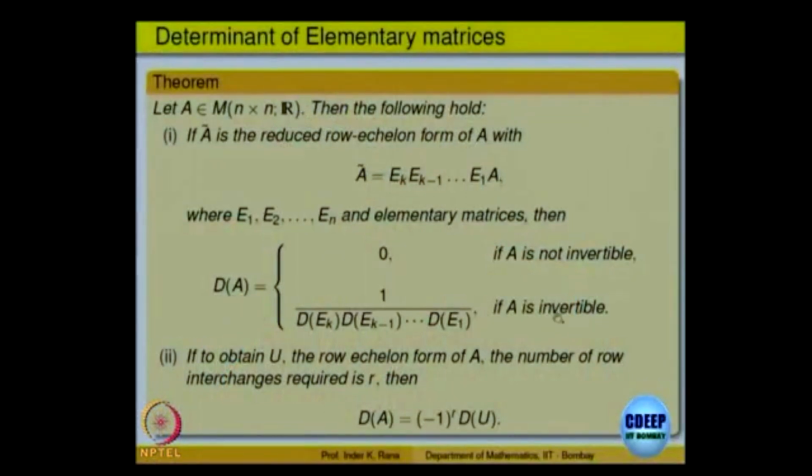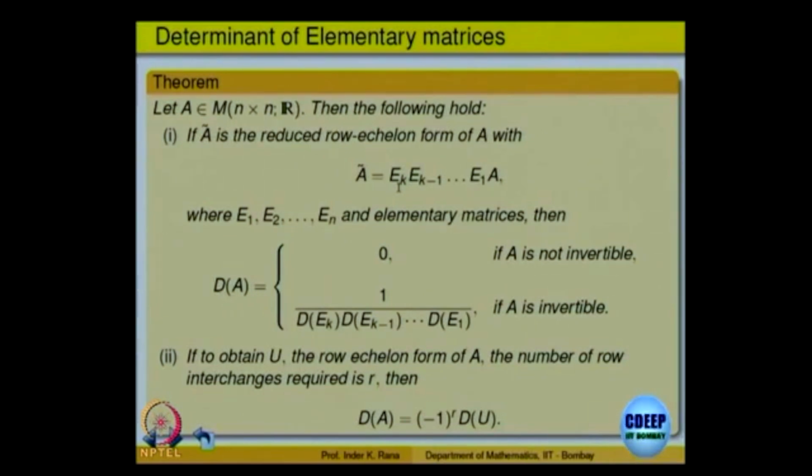If A is invertible, then determinant of A is 1 over the determinants of these. Now, keep in mind, if these elementary row operations involve only interchange of rows, say, and there are r of them to bring it to reduced form, then how many times minus 1 will be coming? Each interchange will give you a minus sign.